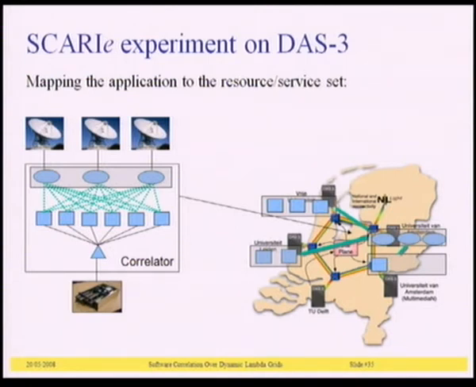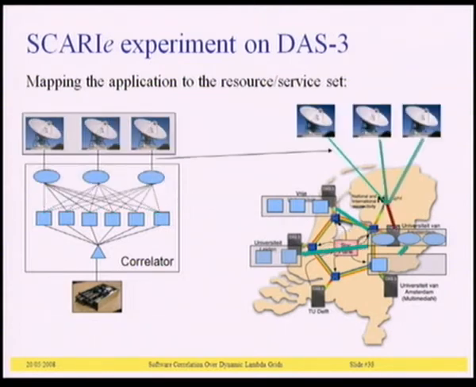Currently, the data sources, so the radio telescope, are located close to the input nodes, but we are planning soon a test bed in which we have the radio telescopes or data sources all around Europe, streaming the data up to the input nodes. And we would like to have this path protected or with quality of service enabled.